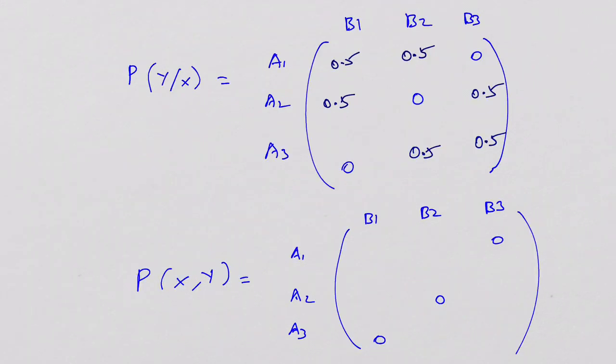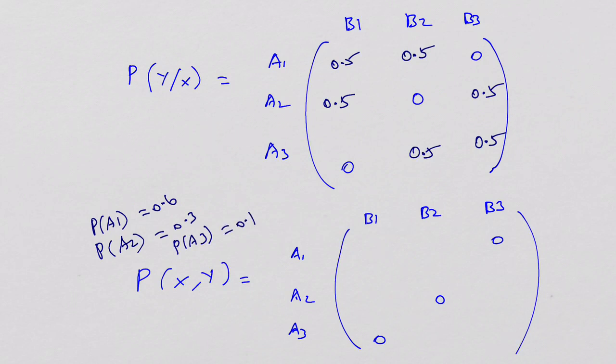So this is the data acquired from the channel characteristics given in the problem. It looks like this. Now let me calculate the joint probabilities P of x comma y by knowing the probabilities of occurrence of the A1 symbol, which is 0.6, A2, which is 0.3, and A3, which is 0.1.